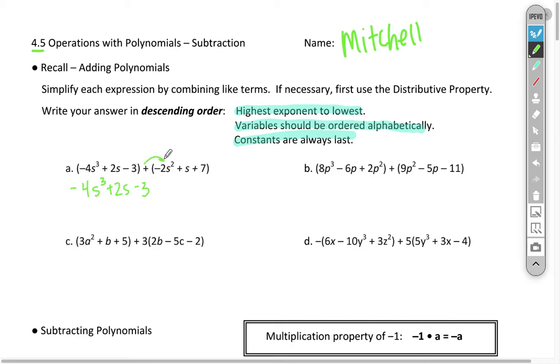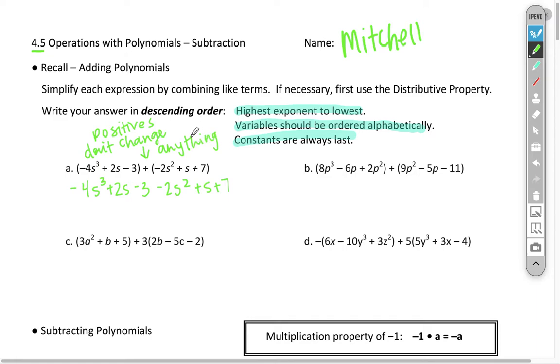So even though we would distribute this positive out, necessarily, we don't have to do that because positives don't change anything. So let's write that down. Positives don't change anything. So that means that we can just bring this down the same way. Because if we did distribute this, we'd have positive times a negative, which would just stay the same, right? So we can just bring the second side down the same way.